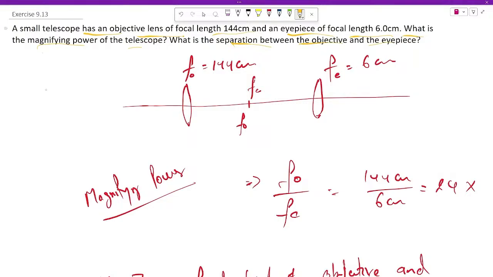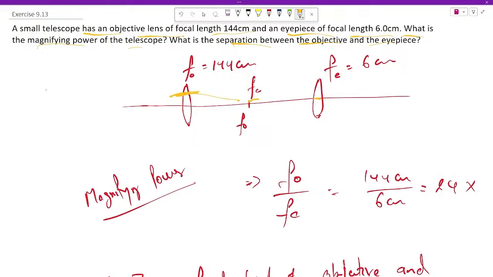So in a telescope, we know that for the image to be forming at the infinity, the image formed by the objective must lie on the first focus of the eyepiece. That is, if the image formed by this lens is on the focal point of the eyepiece, then the image will be formed at infinity.